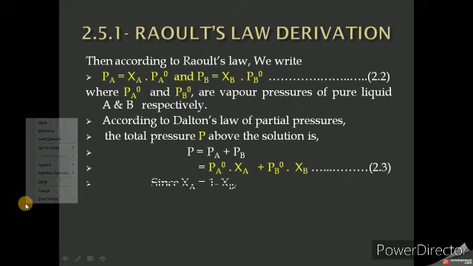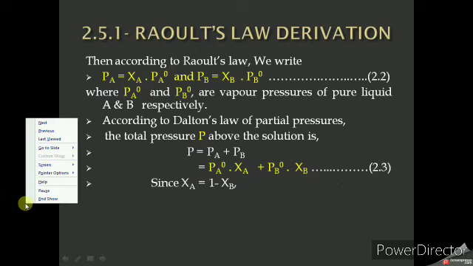Then we know that the sum of the mole fractions of the components in the solution is always equal to 1. So XA plus XB is equal to 1. So what do you write? XA is equal to 1 minus XB.